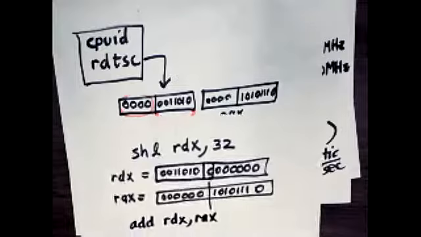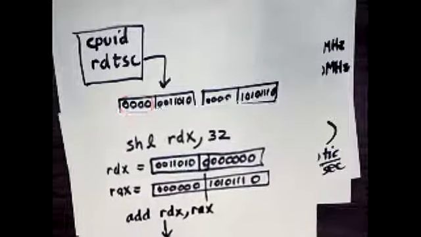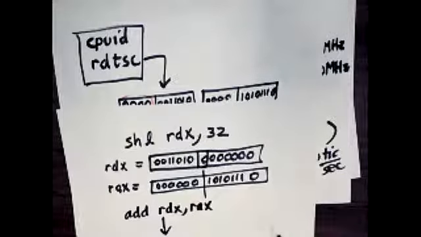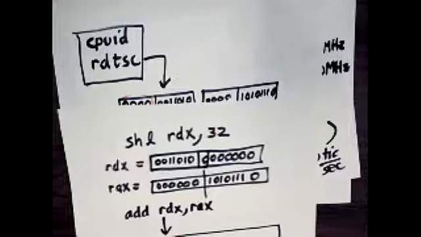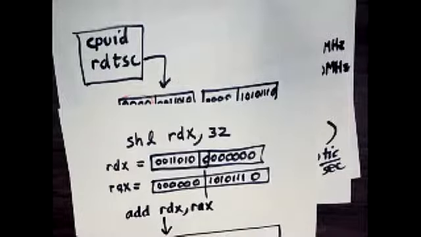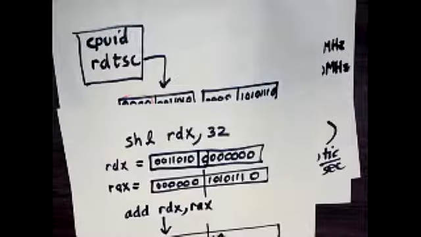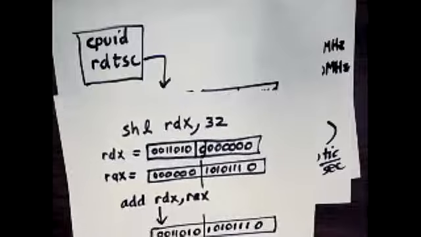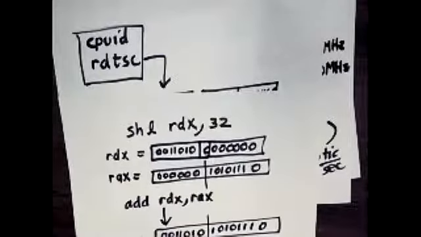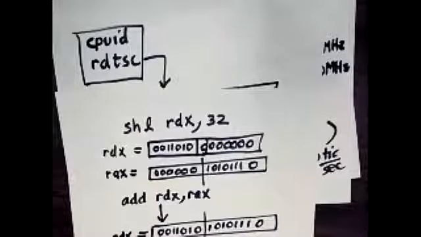And the end result is that this one now has our complete number. It will look like 0, 0, 1, 1, 0, 1, 0, invisible line, 1, 0, 1, 0, 1, 1, 1, 0. This is RDX. That's the ticks from the clock. That's it.